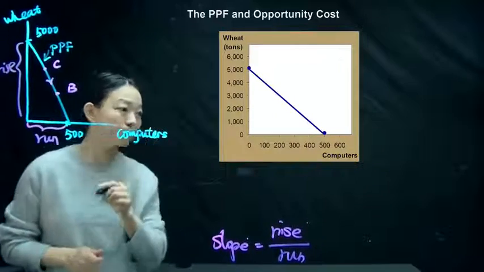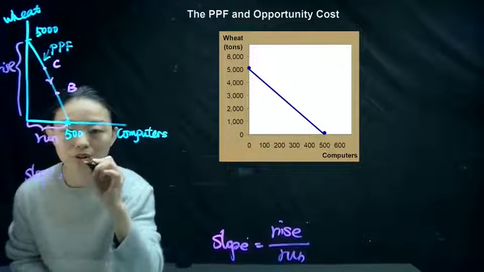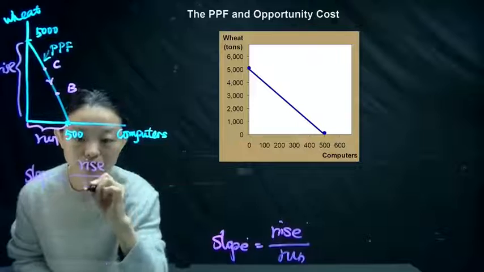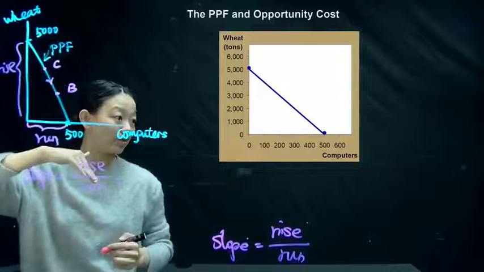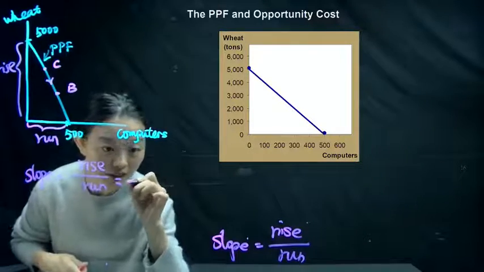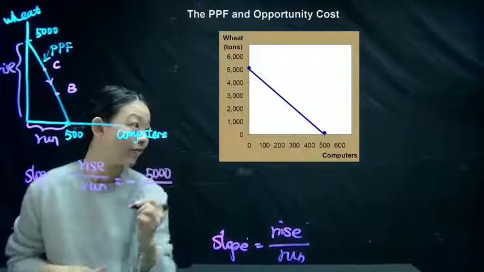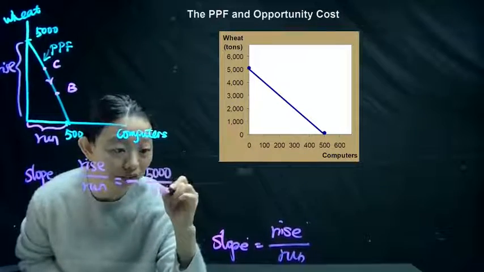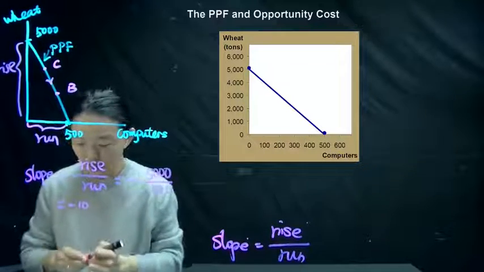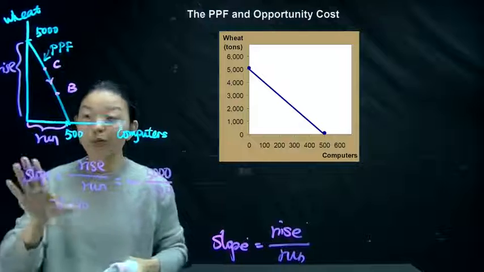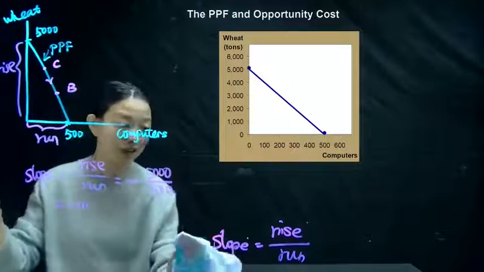The slope of this PPF equals rise over run. But you should notice this slope is downward sloping, so we need a negative sign here. Rise is 5,000 and run is 500, so the slope equals negative 10. For mathematics, you can stop this way. So the slope of the PPF equals negative 10.